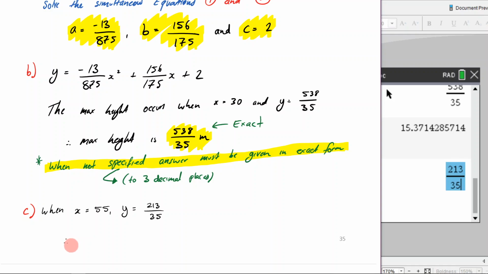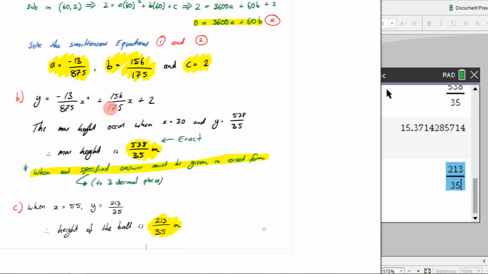Therefore, the height of the ball is 213 on 35 meters. There is my answer. Again, because it has not specified how many decimal places to answer to, it wanted an exact answer. So that's why we've written it like that.